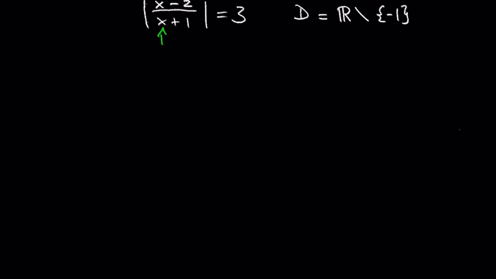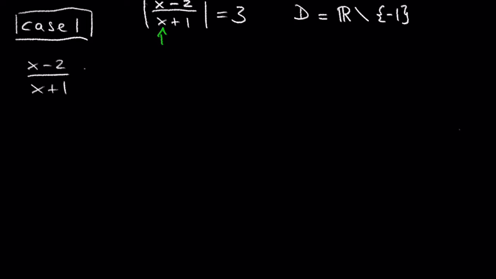Let's start again with removing the absolute value bars by focusing on the two cases. First case: x minus 2 divided by x plus 1 is greater than or equal to 0. This is our condition which we have to check later with our solution. Now we can remove the absolute value bars from our equation and solve for x.